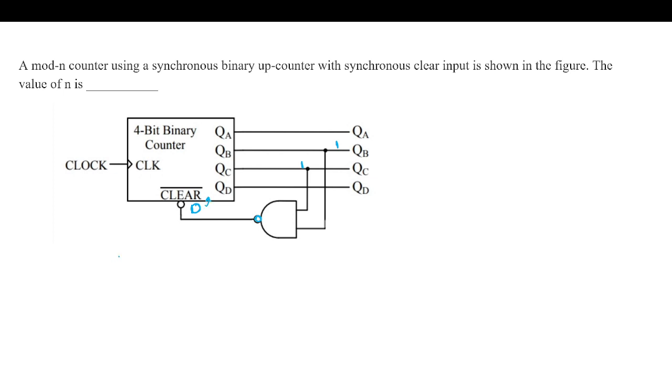So it will count from 0 to 0110, which is 6. So 0 to 6, which is mod 7. So the value of n is 7.